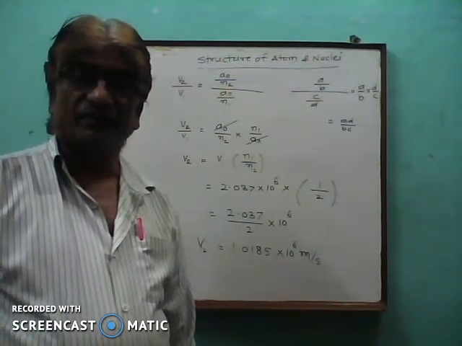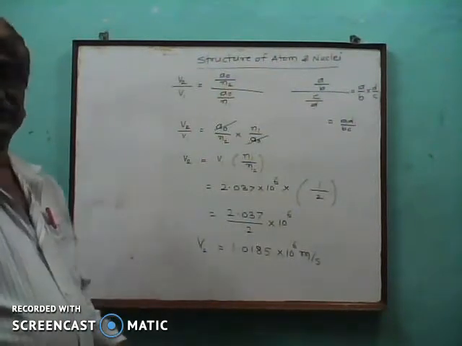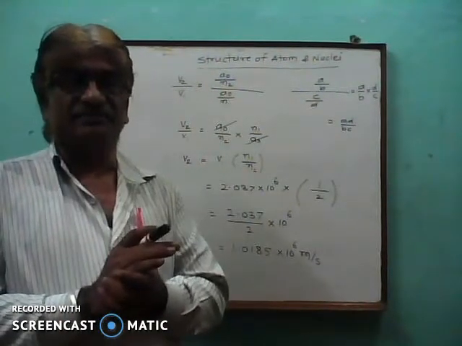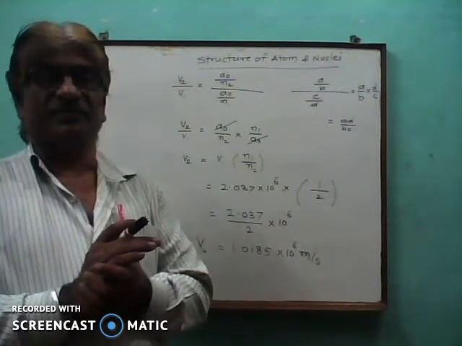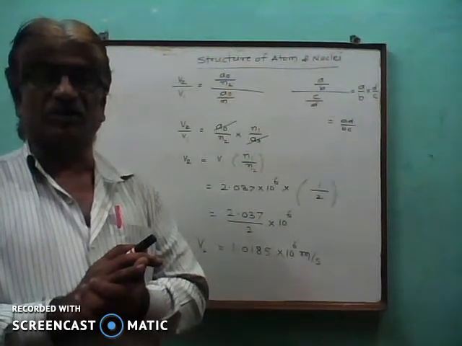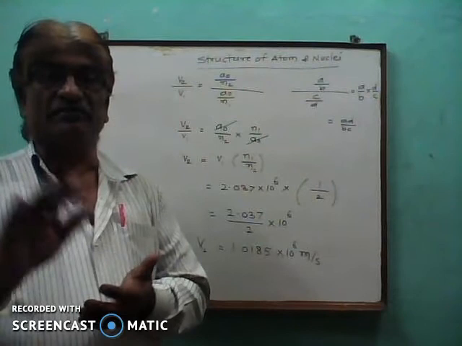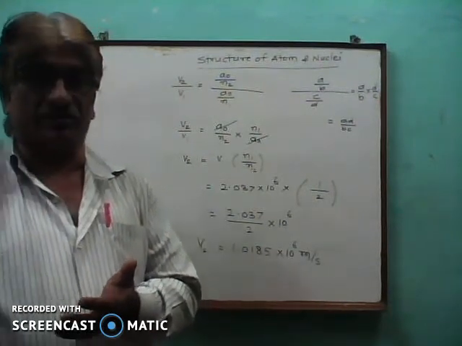Imagine a question where the velocity of the electron in the ground state is given and we must find the velocity in the third orbit.